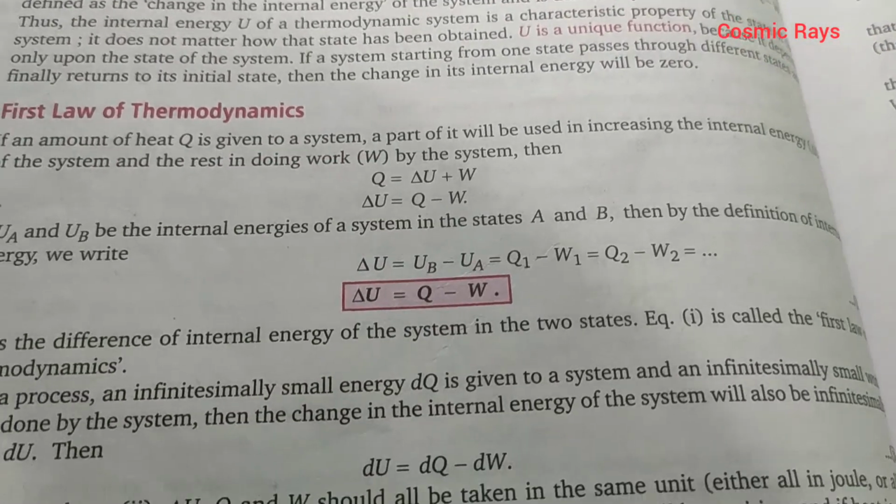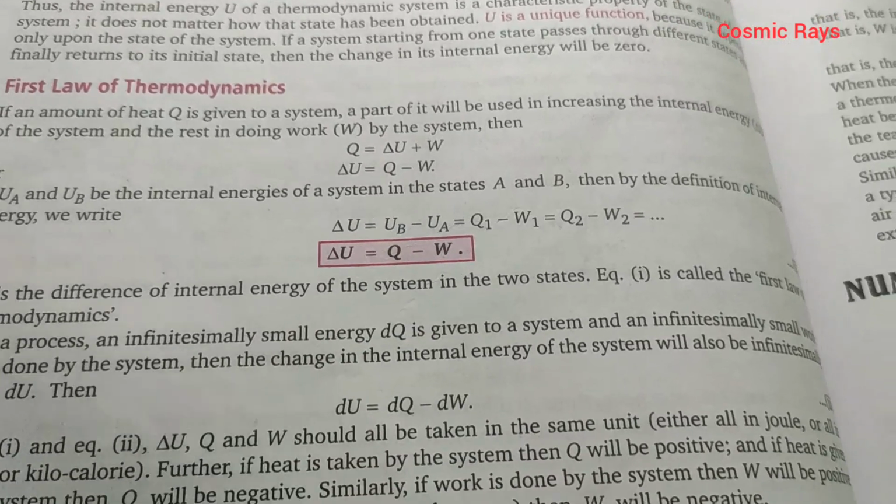The first law of thermodynamics tells us that if we supply heat to a system, how will that heat be utilized? So let's assume that Q amount of heat is given to a system.